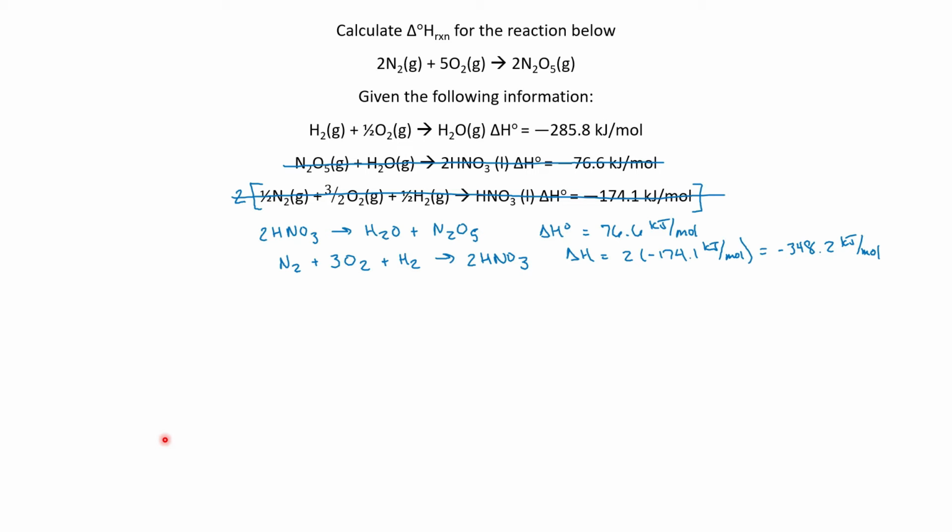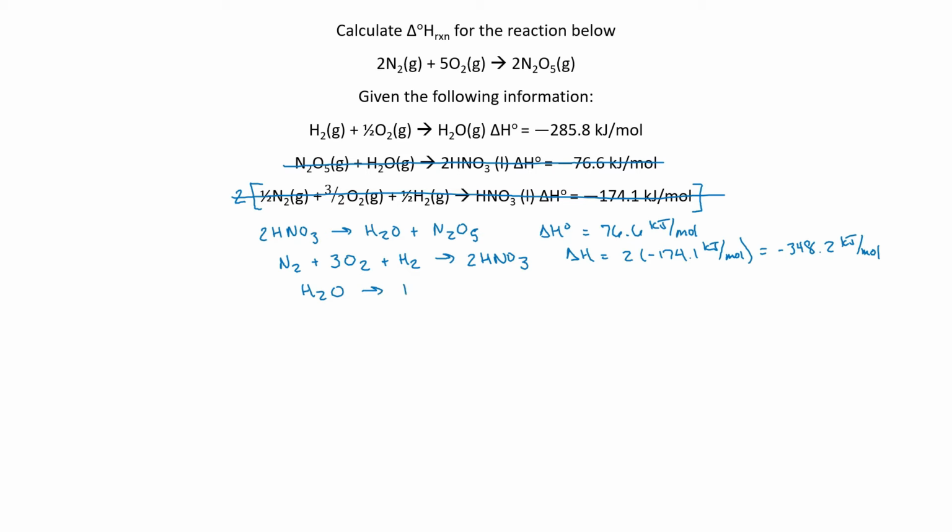The last thing that I am noticing is that I have hydrogens. Those are going to need to add out because they're not in my overall reaction, but right now they're both on the reactant side. So let's also flip this reaction number 1 and let's get this hydrogen on the other side of the arrow.